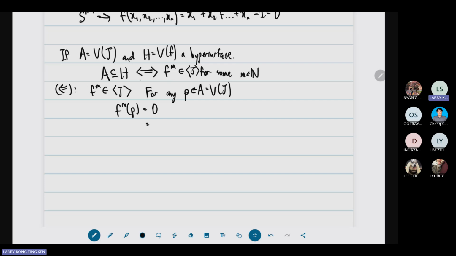But since we are in a field, it's just F(p) equals 0.